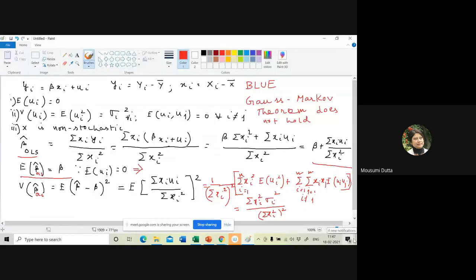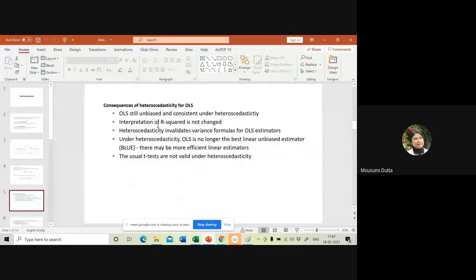However, as the estimators are not BLUE, t statistics will be either overestimates or underestimates, and naturally these are all improper. So this is all about the consequences of heteroscedasticity.